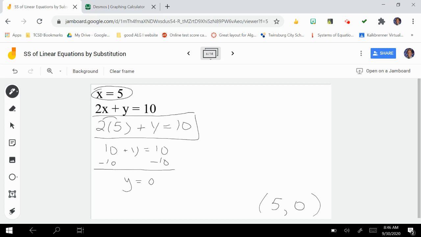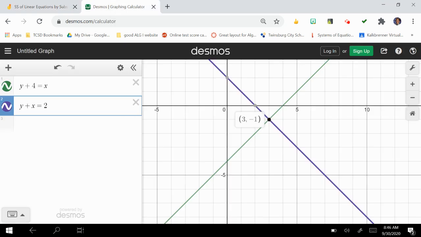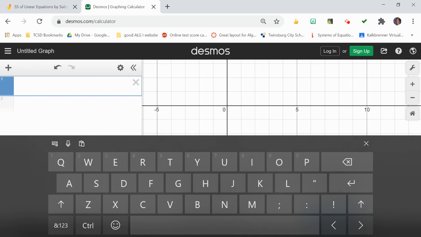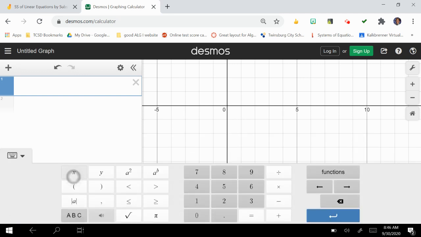How do you check this? Go to Desmos. All right. X equals 5.